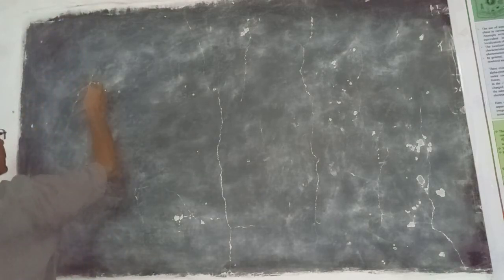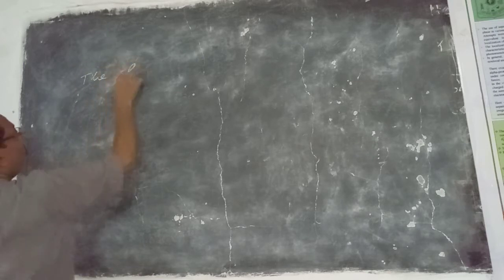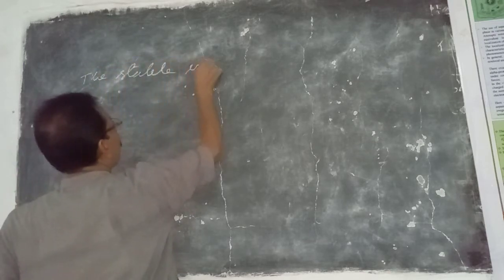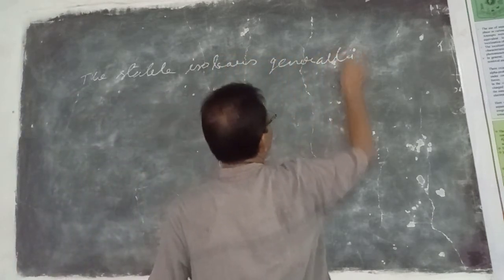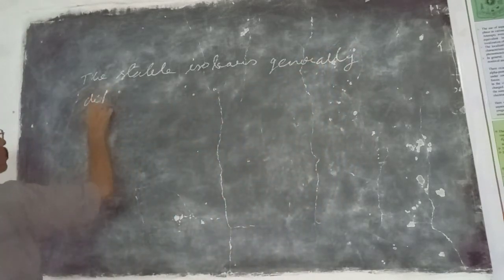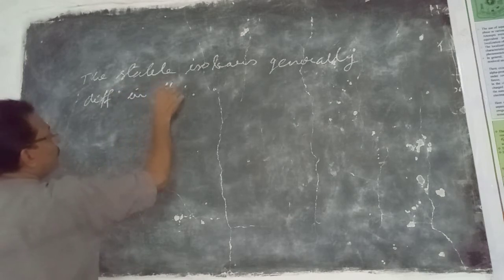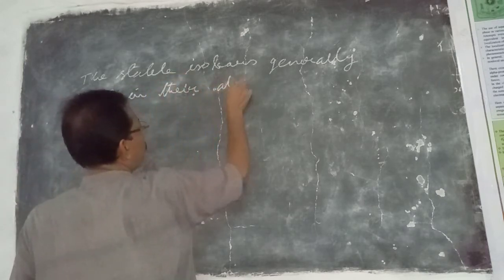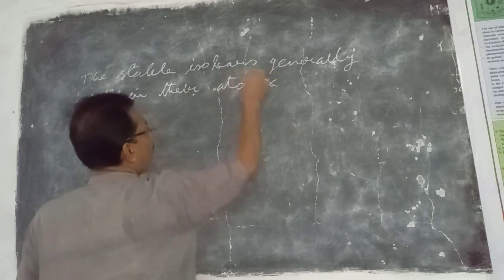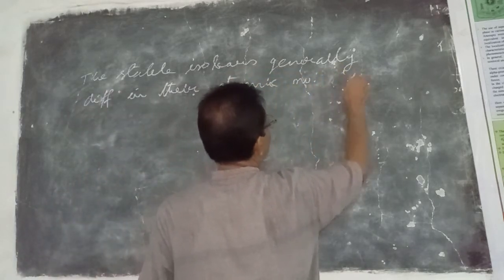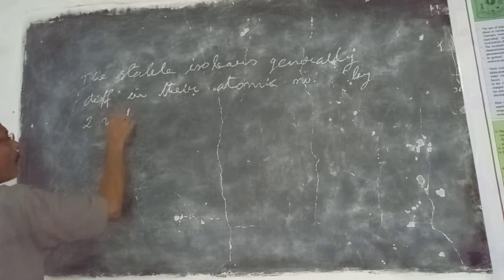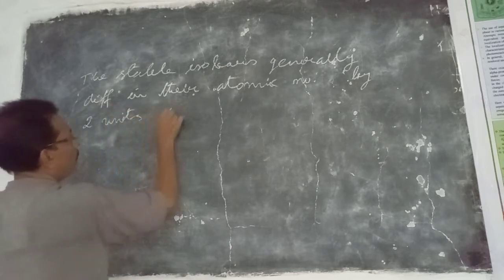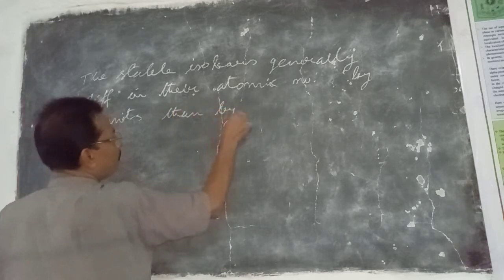Now, the stable isobars generally differ in their atomic number by 2 units rather than by 1 unit.